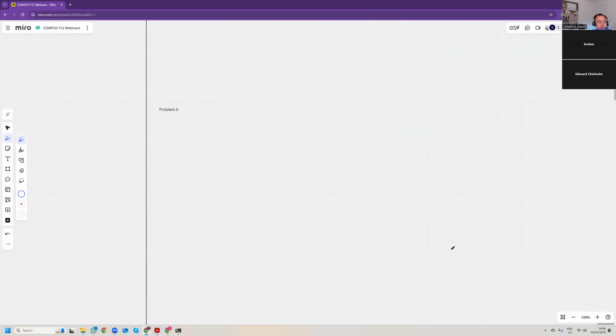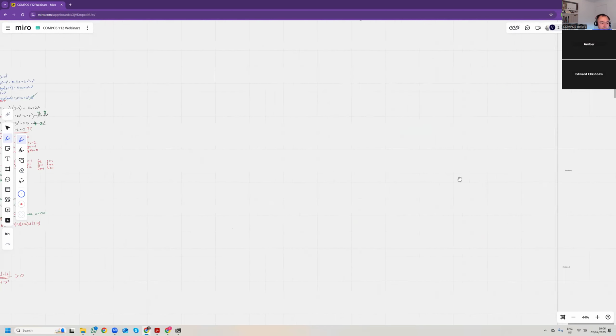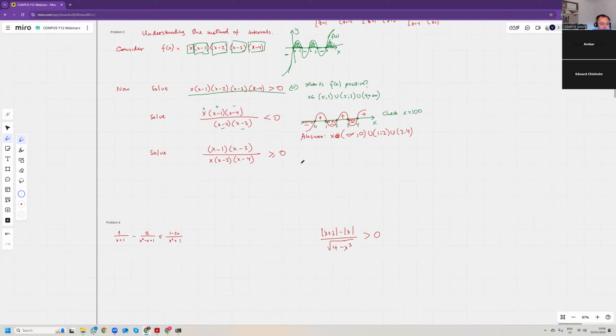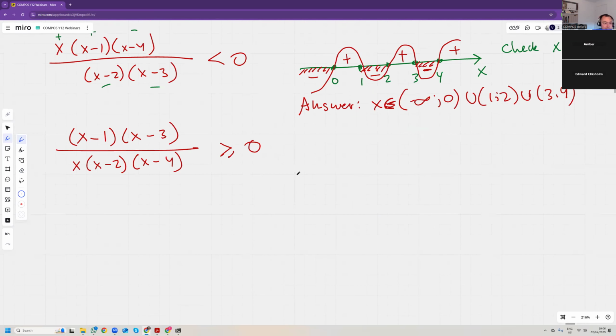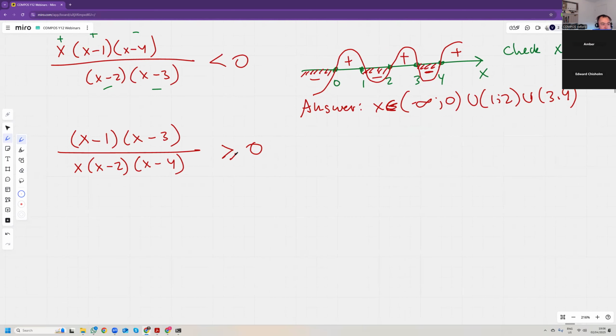Finally, what have I done? This one is the same function, except now it's greater or equal. So we identify the critical points. The critical points are 0, 1, 2, 3, and 4.